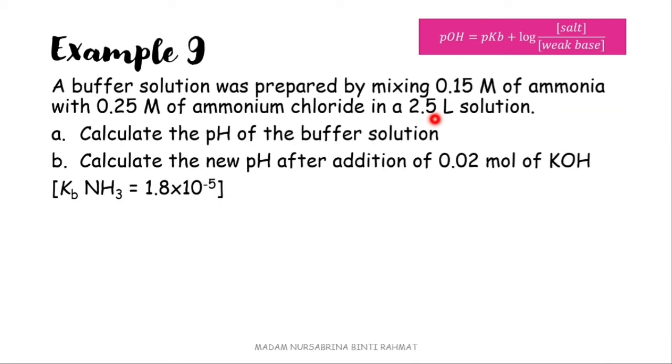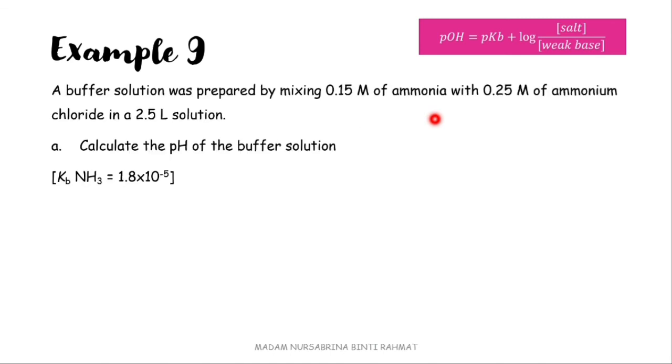Okay, so let's now try the next example, which is another basic buffer solution made up of ammonia with ammonium chloride. Right now, instead of giving moles, they give you the molarity of both solutions. The first part asks you to calculate the pH of the buffer. So how do we do this? Since they already give you the concentrations, we can simply substitute into the Henderson-Hasselbalch equation.